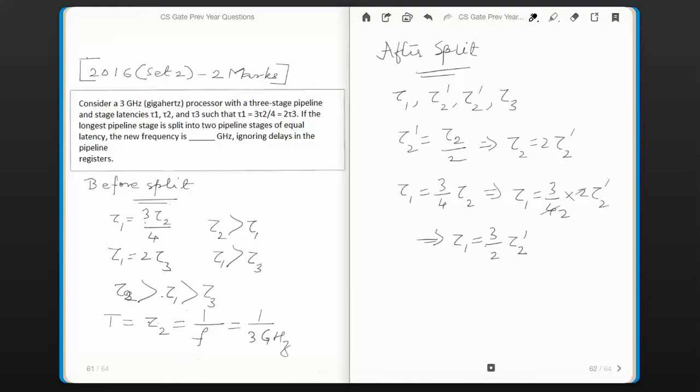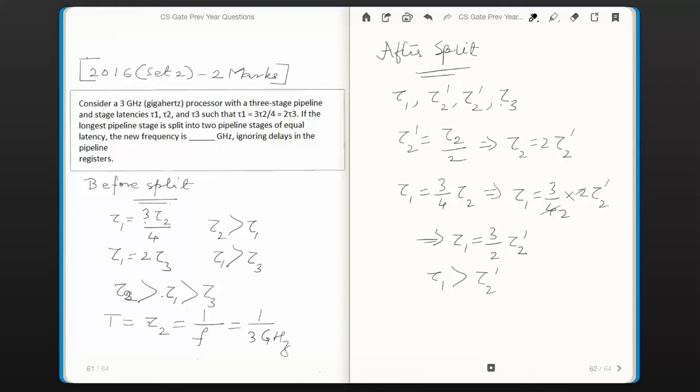From here we can see that tau 1 is equal to 3 by 2 tau 2 dash. That means tau 1 is greater than tau 2 dash. And from the relationship between tau 1 and tau 3, tau 1 is twice of tau 3, because these are the stage latencies which are untouched by the split.